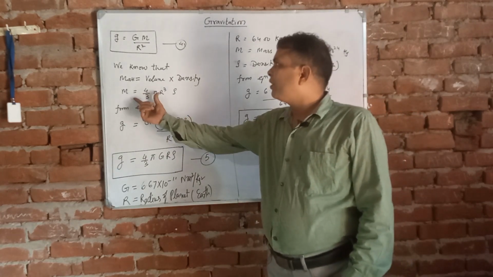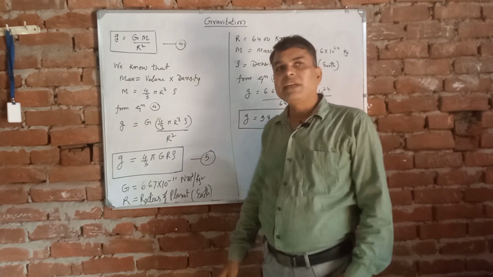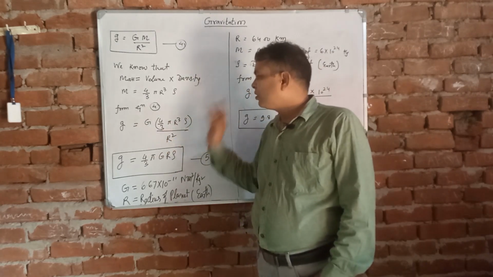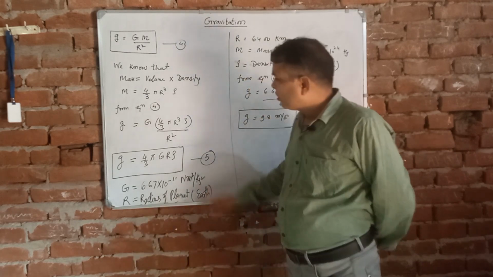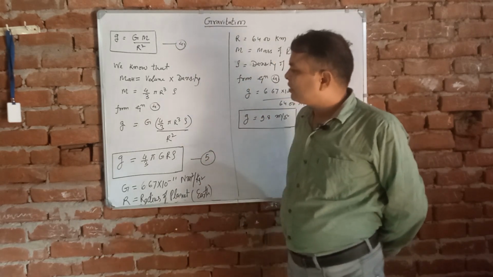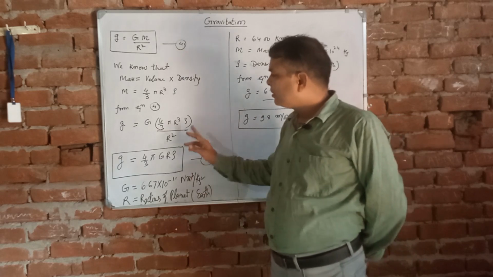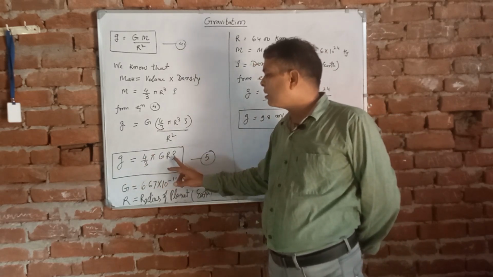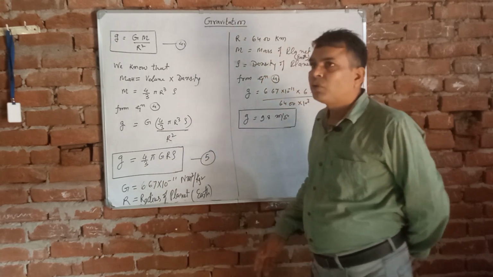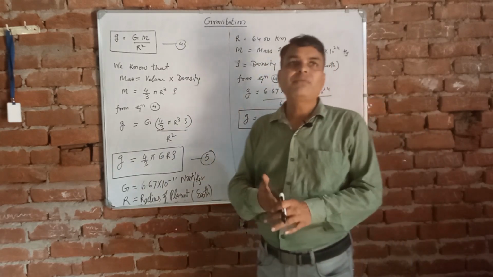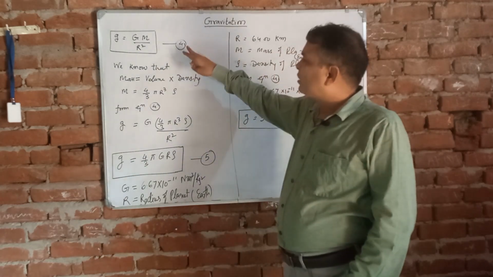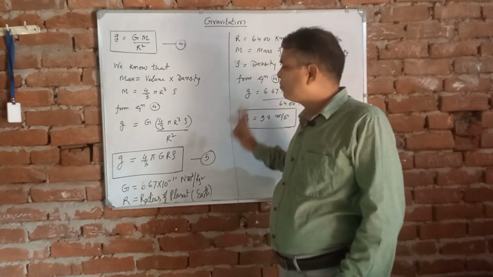So put the value of M in equation 4, then we get g equal to G times 4 by 3 pi r cube rho upon r square. R square is cancelled, then we get g equal to 4 by 3 pi G r rho. So there are two expressions for g, equation 4 and equation 5.